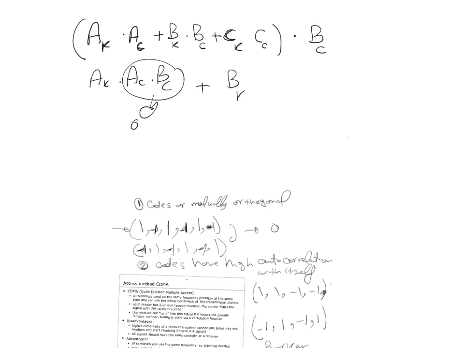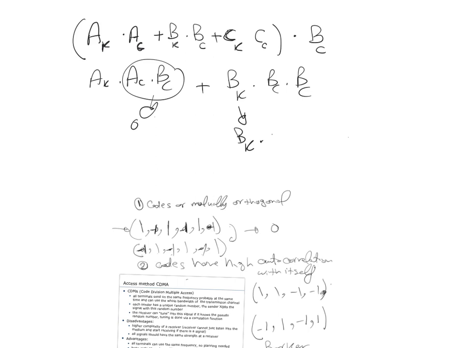And BK times BC times BC. This is the autocorrelation for this particular code, which is really high, right? So you will receive BK multiplied by a large number, which means that you get a very strong signal. And that's why even if you have any interference, this will allow you to overcome the interference.